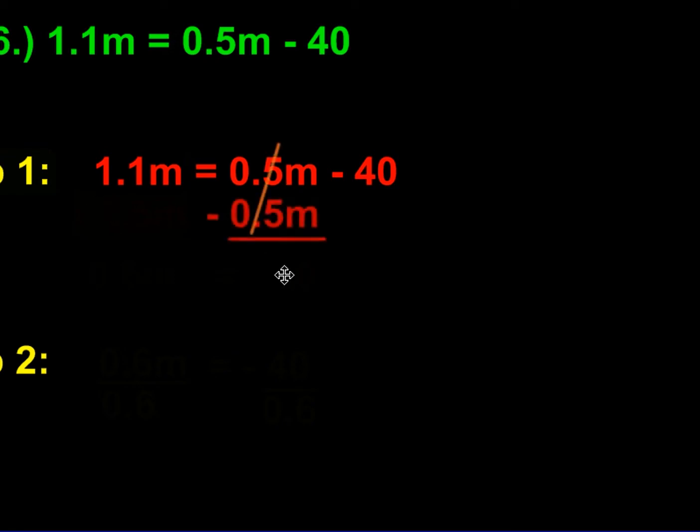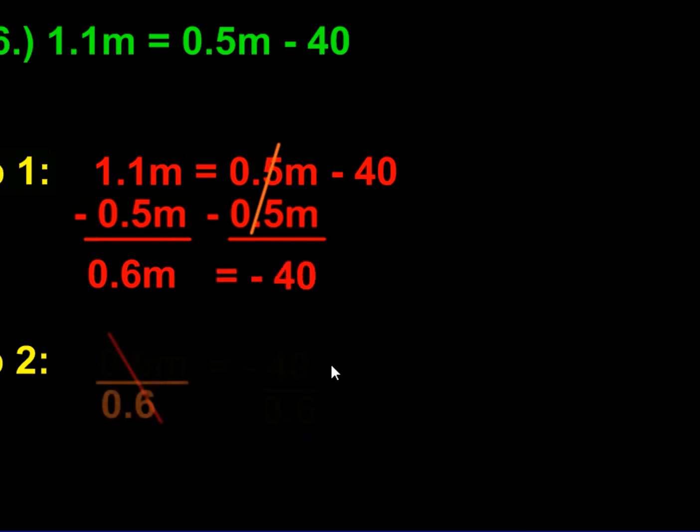And to do that, I have to subtract 0.5m, which eliminates it completely from this side. And I also have to do that on this side. And if I subtract 0.5 from 1.1, I get 0.6. I bring down the equal sign and the negative 40, and that brings me to step 2.